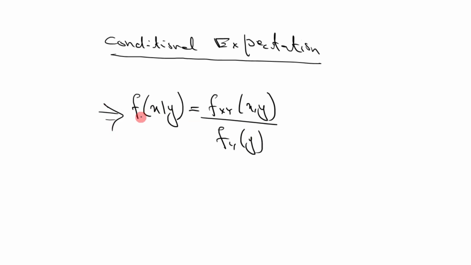This is the conditional density function of X given Y. You can find it from the joint density function of X and Y divided by the marginal density of Y.